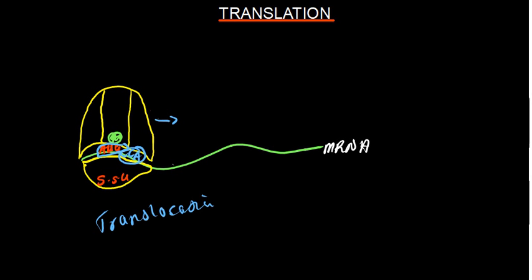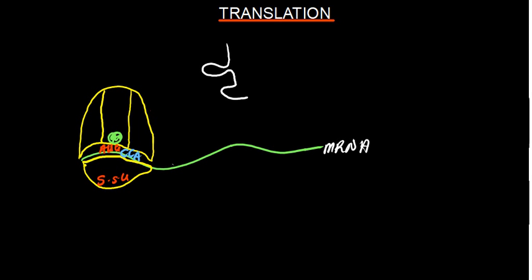Then AUG will be somewhere there. Then this is what now is going to be read there. So once that is read by this ribosome, then that particular tRNA which has got an anticodon to that is going to be sent into the cytoplasm to go and pick that amino acid.